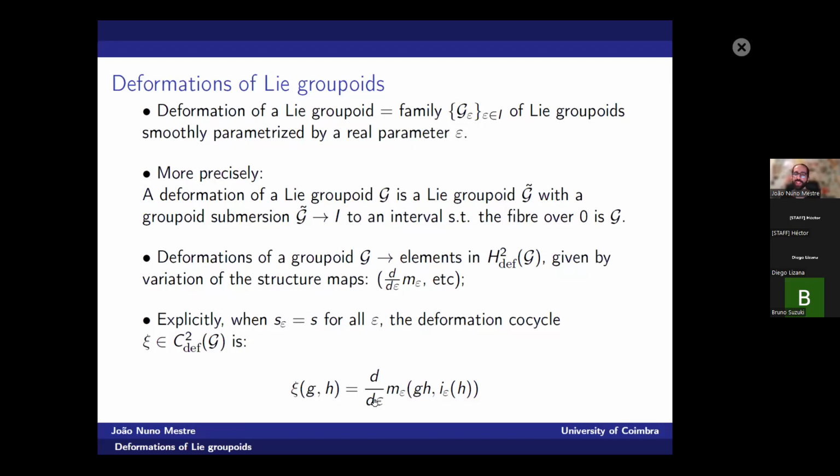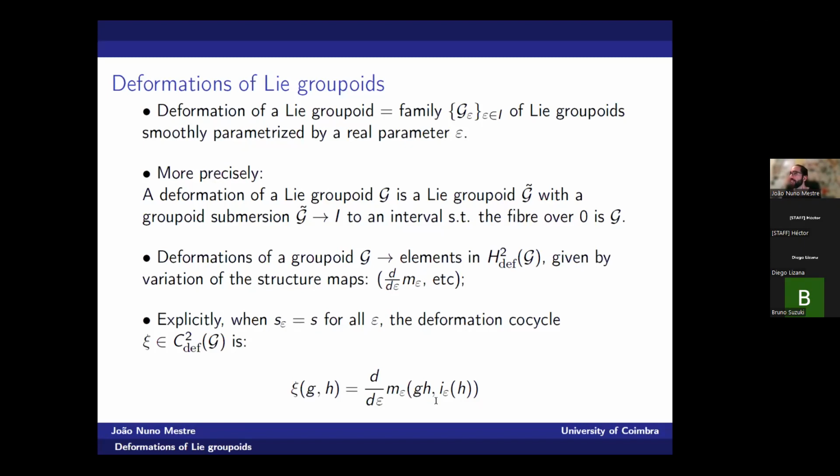Then I could define a cocycle which takes a pair of composable arrows and just multiplies GH at time 0, inverts H at time epsilon, and multiplies GH with this inverse again at time epsilon. So at time 0, I would be multiplying GH with H inverse. That should just give me G.